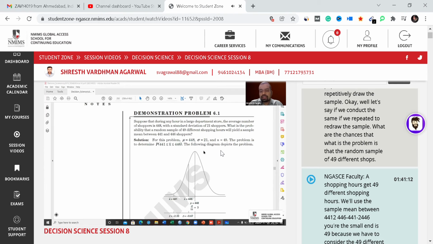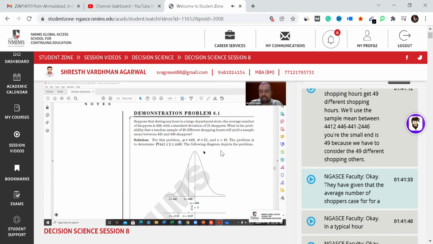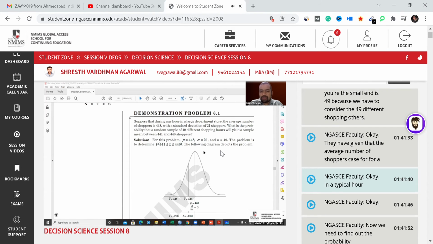Here the small n is 49 because we have to consider 49 different shopping hours. They have given that the average number of shoppers is 448 in a typical hour.